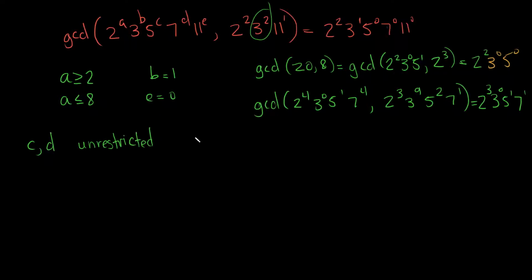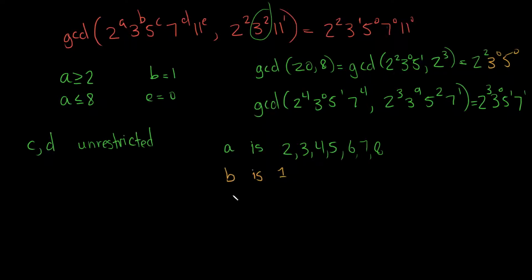Well, let's look at the constraints one by one. We're saying that a is greater than or equal to 2 and less than or equal to 8. That means a is either 2, 3, 4, could be 5, 6, 7, or 8. And then b is definitely 1, because again, we can't have any powers of 3 sneaking in more than 1 at least.